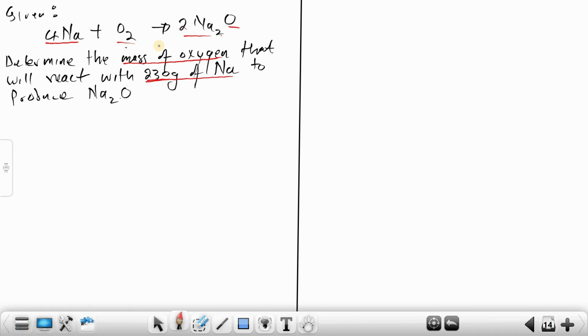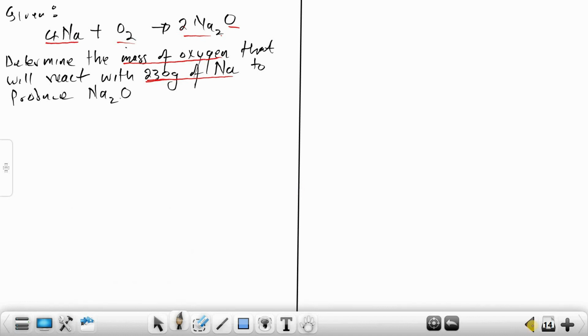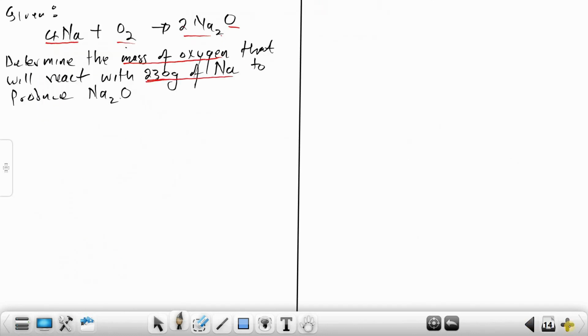Now, furthermore, if that is balanced, what information do I have? I can say now, from this slide, somehow I must calculate the number of moles of the given. So what is the number of moles of the given?